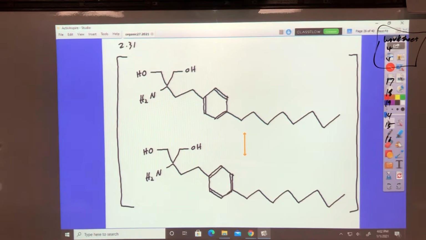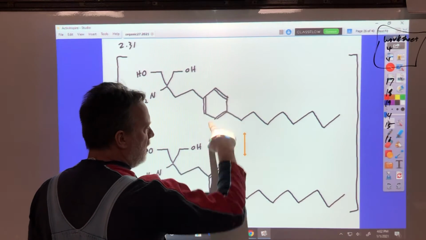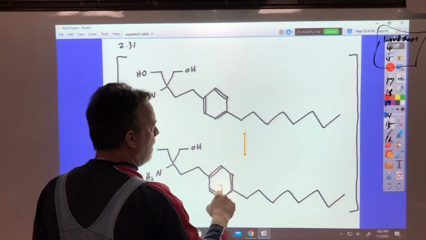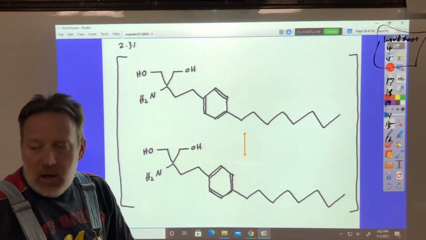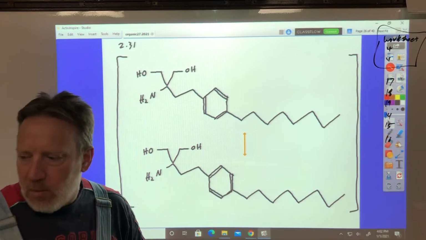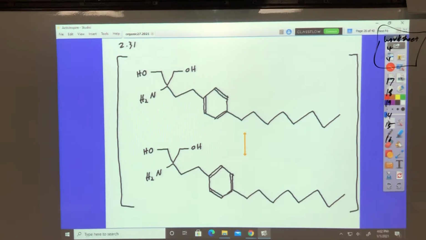Okay, so this is all identical to this, and this is one way to draw it, just moving the bonds around. No, I didn't put the curved arrows in there. As a matter of fact, I don't even know if that was in the answer. I doubt that it was. Let me check quick. 2.31.